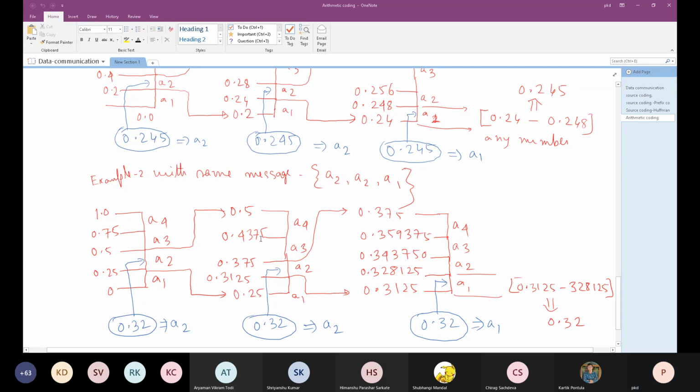Then next again A2, that is the 0.3125 to 0.375 interval, and we give all these numbers. Finally, we have the last symbol A1. So we pick this interval just like before, 0.3125, and there will be a point here.